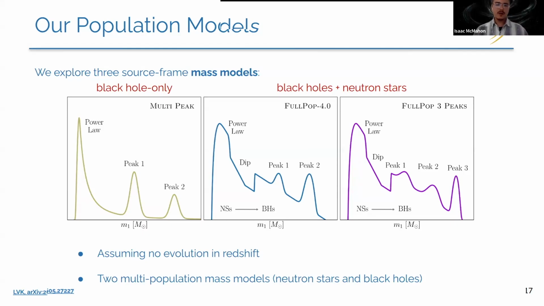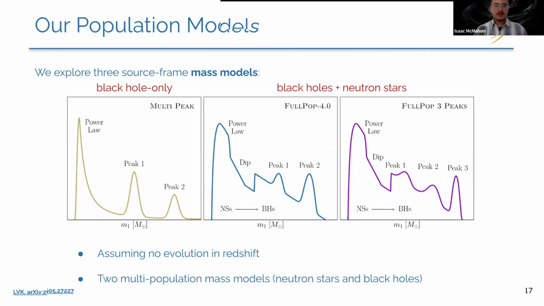So these are all parametric models, meaning that they have some parameters that change the locations of the features, for example, the peaks or the shape of the power law. And so these are all parameters that go into our inference in our pipeline, and they're jointly measured alongside our cosmological parameters.